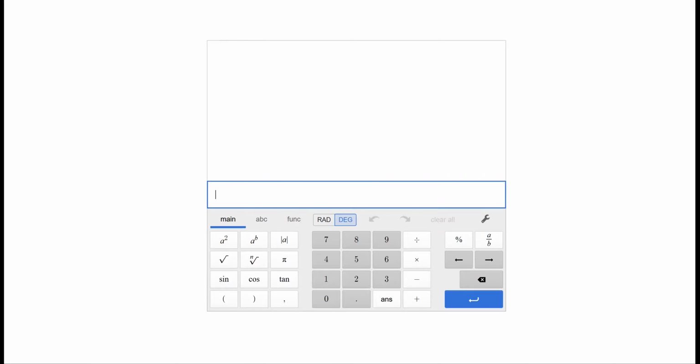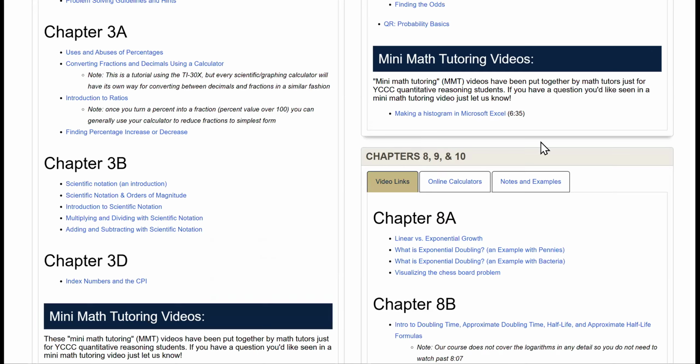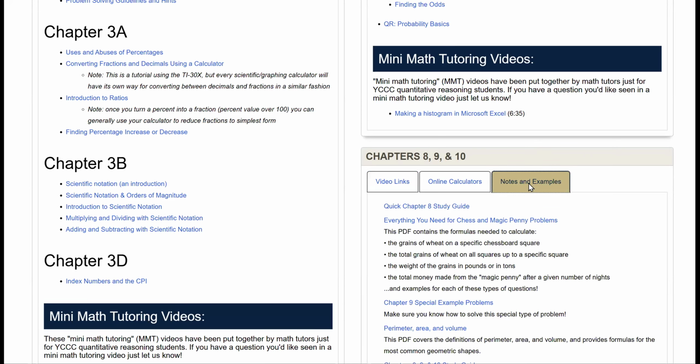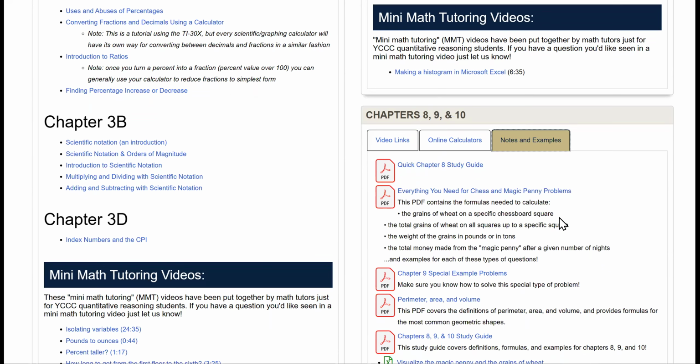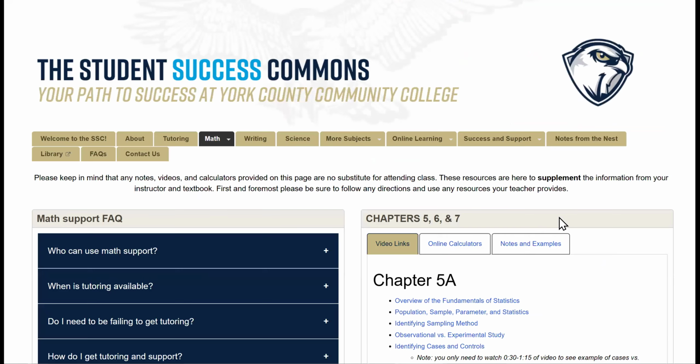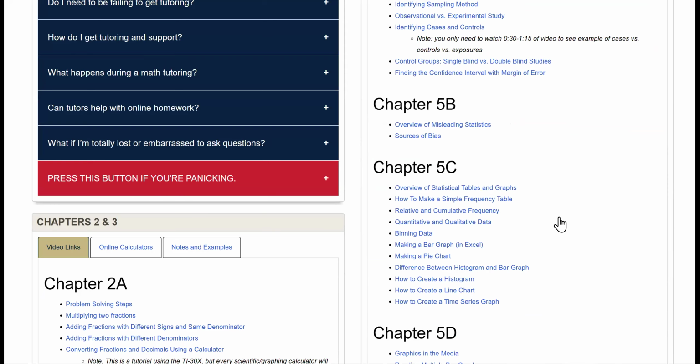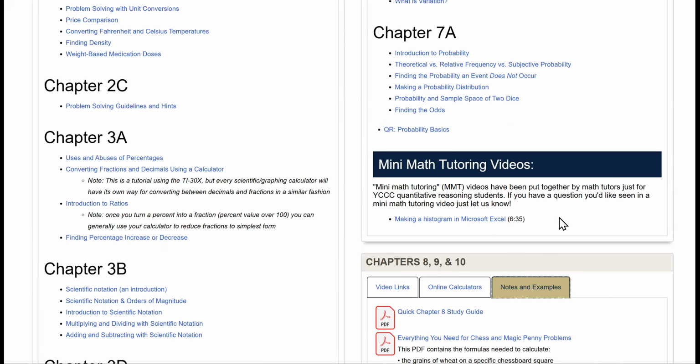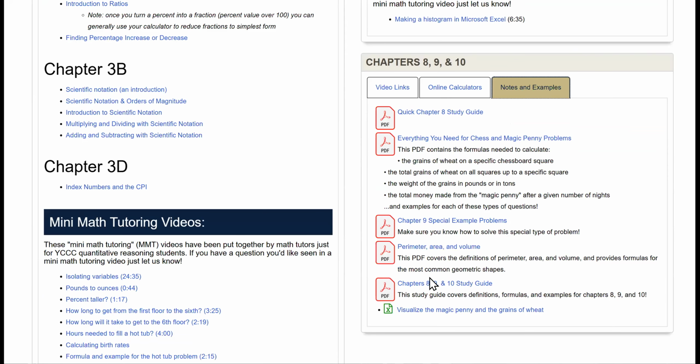I also would recommend that before you dive into this, since we are in chapter 9 of quantitative reasoning, it wouldn't hurt to take a look at the notes we have. This is the QR page. This will be linked in the description as well. Always check the description. There'll be goodies down there. And we have a chapters 8, 9, and 10 study guide.